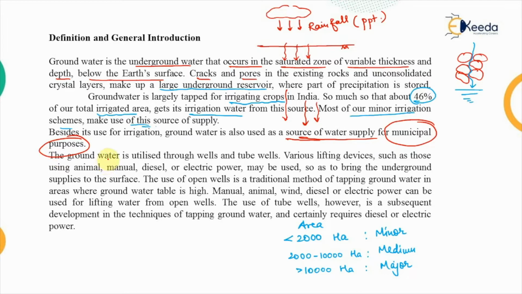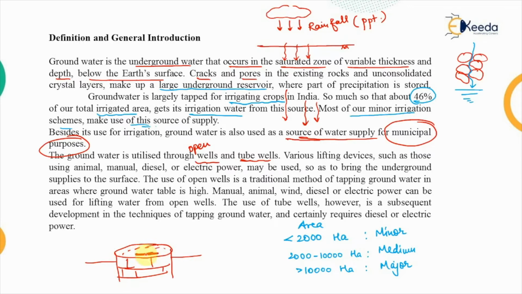Now this groundwater is utilized through wells and tube wells. The type of well that you usually see is known as the open well, in which there is a cylindrical structure inserted in the ground, and based upon that we classify whether it is a well or not.